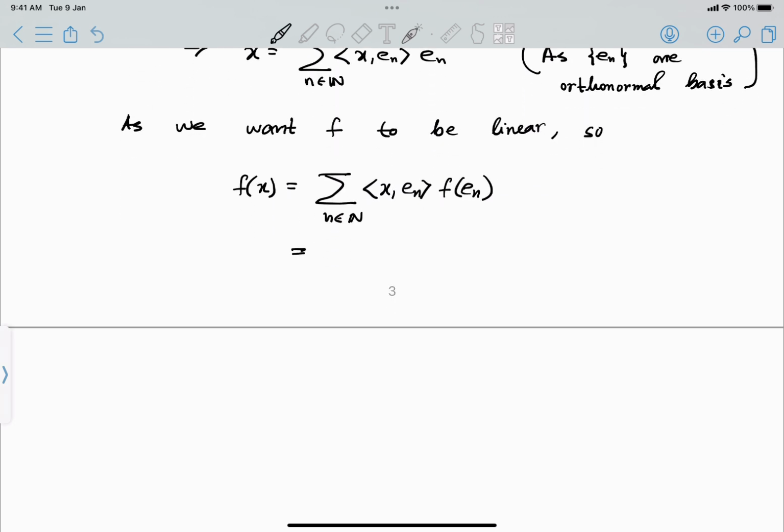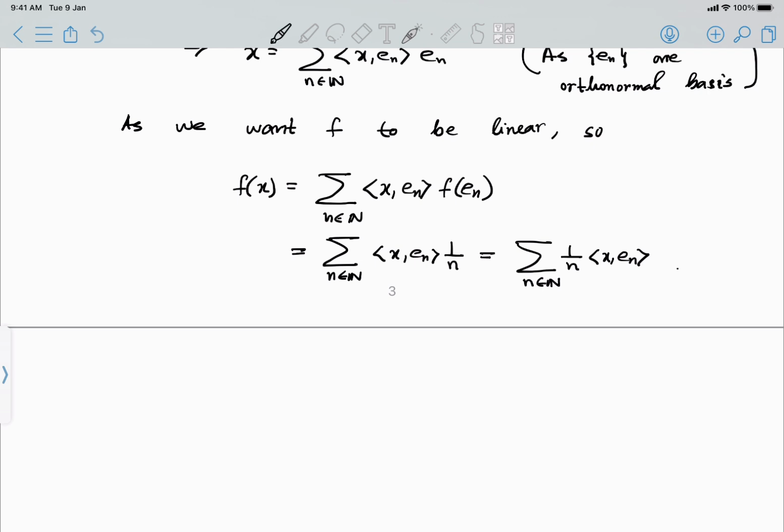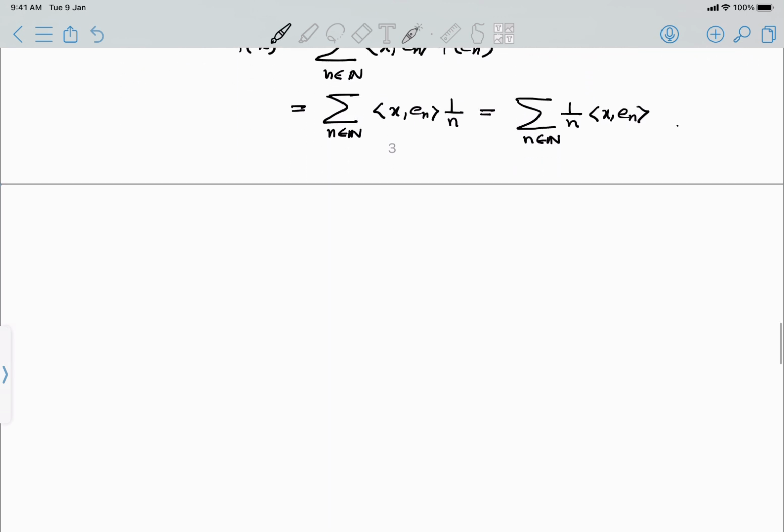And what we know, f of En we need to be 1 by n. So basically this is the summation over n belongs to N of 1 by n times the inner product of x with En. So this should be the definition of such a bounded linear functional. Okay, so we will show that indeed this is a bounded linear functional.